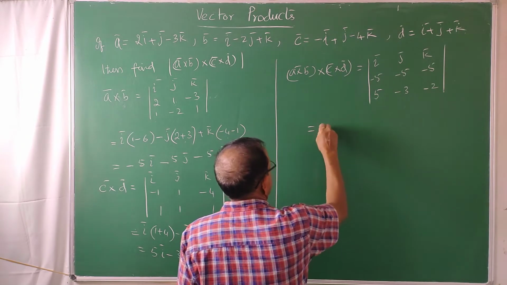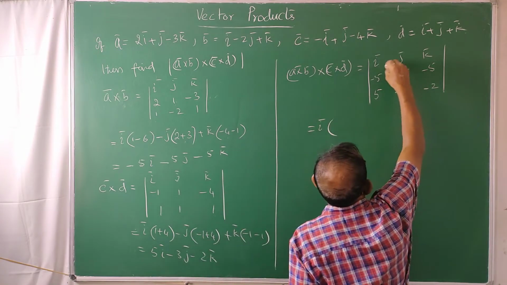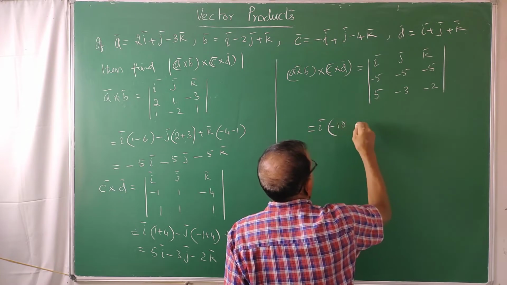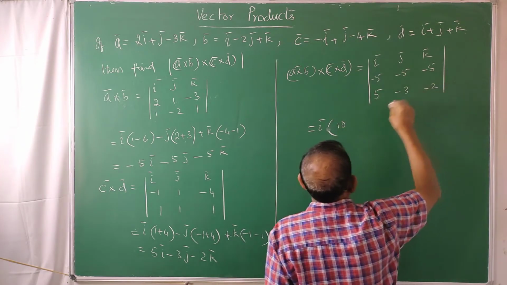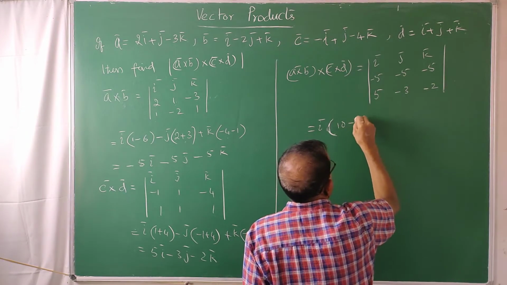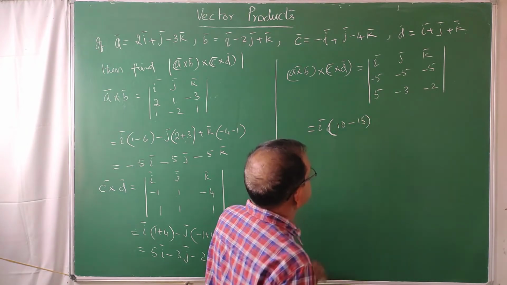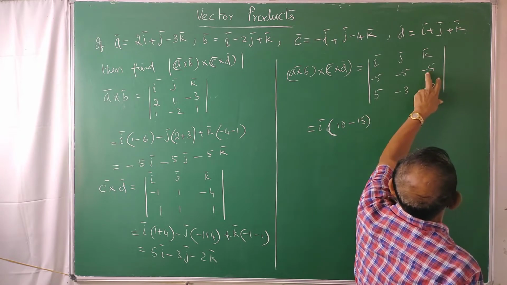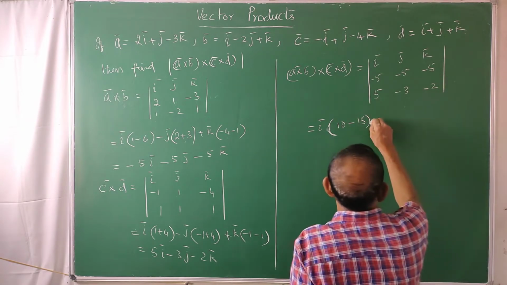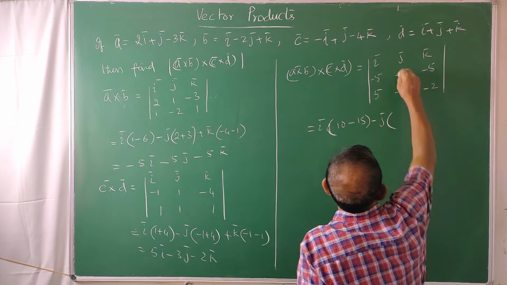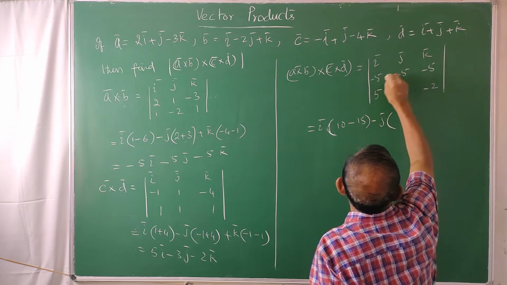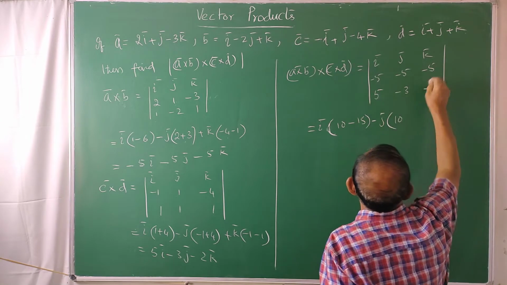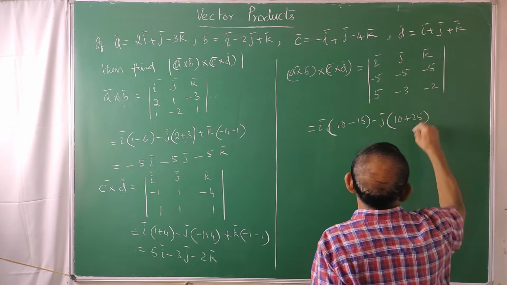I bar into minus 5 and minus 2 plus 10, minus 15, minus j bar into, delete the middle column and first row, plus 10, minus minus 25 plus 25.